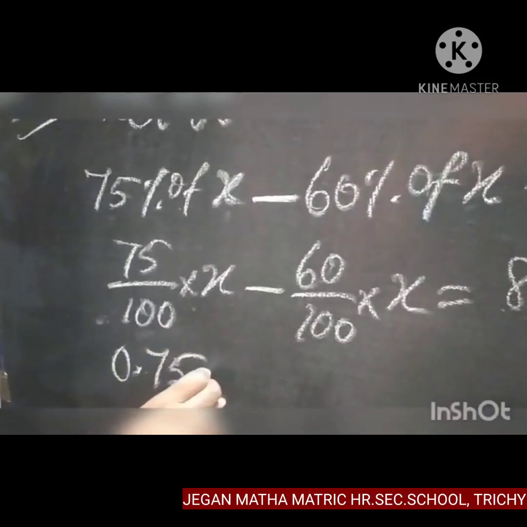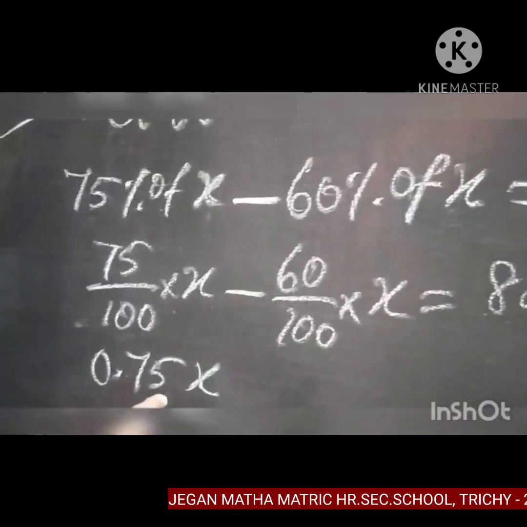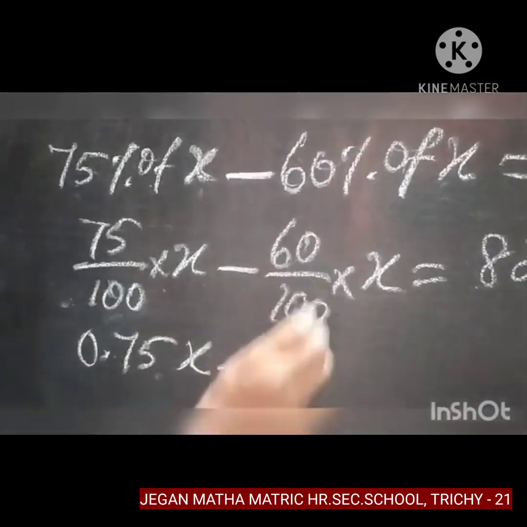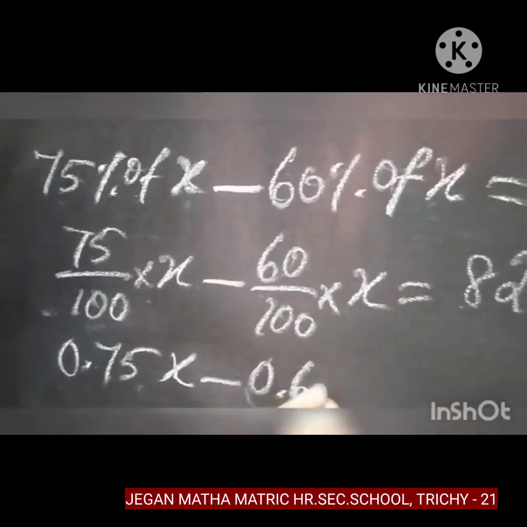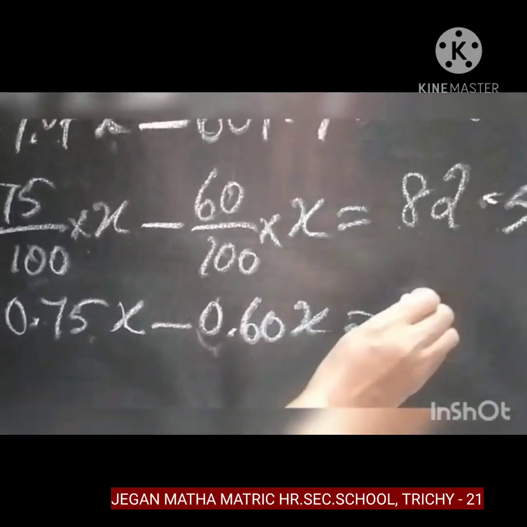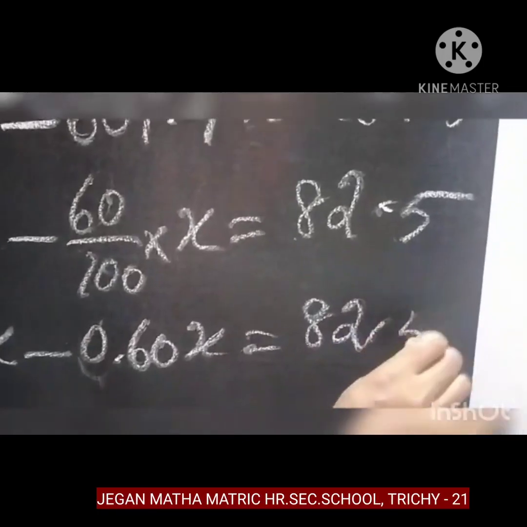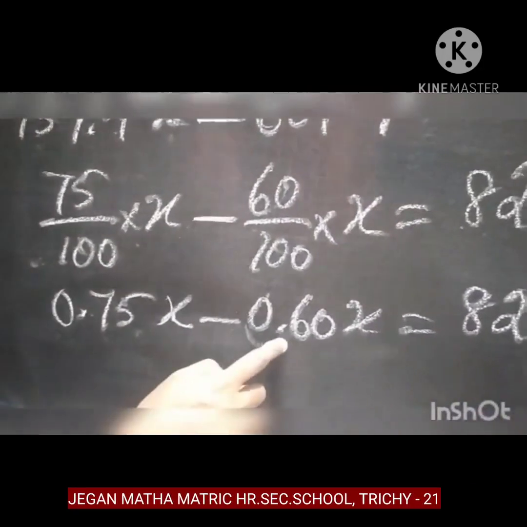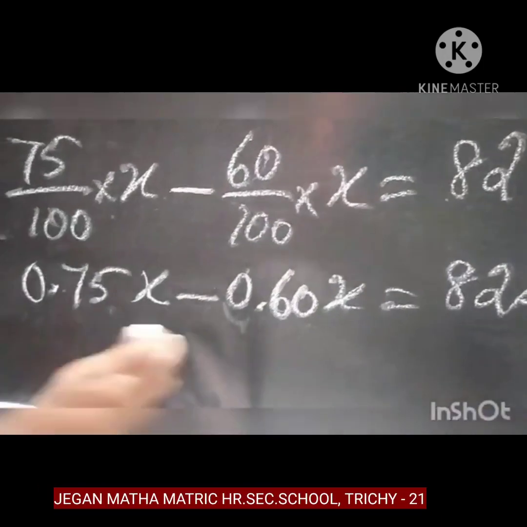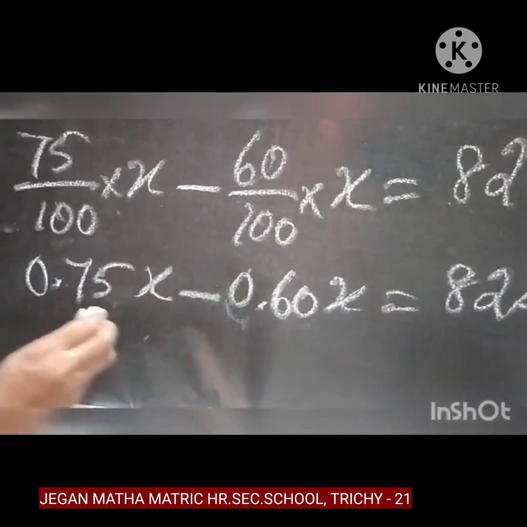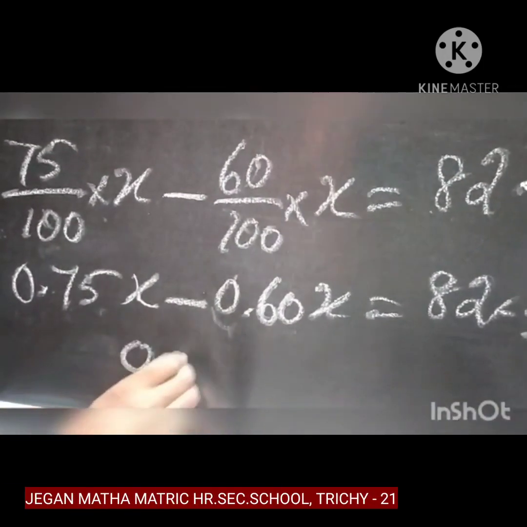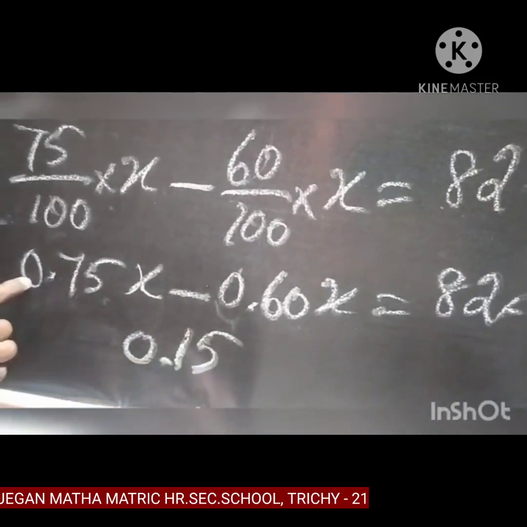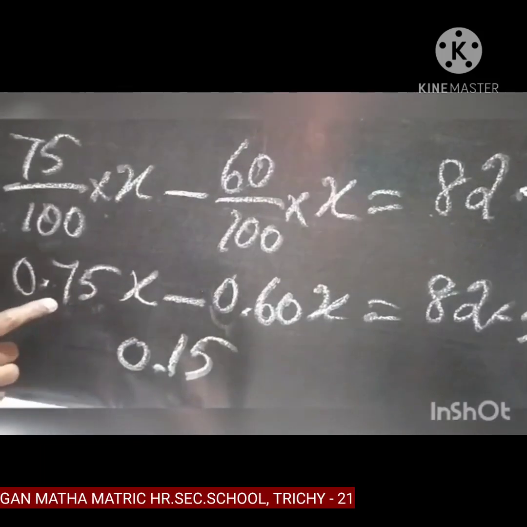So 0.75x minus 60 by 100, 0.60x, equal to 82.5. Now you have to subtract 0.75 minus 0.60. Here 75 minus 60, the answer is 0.15.